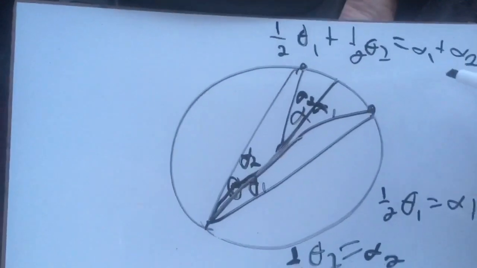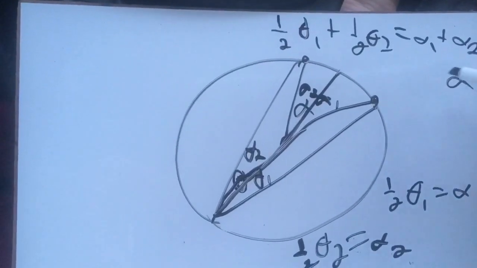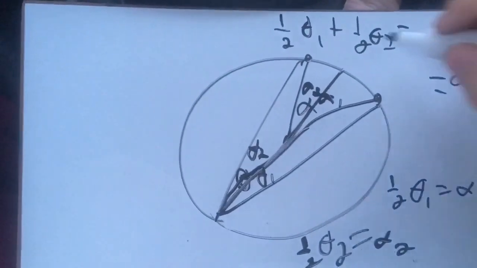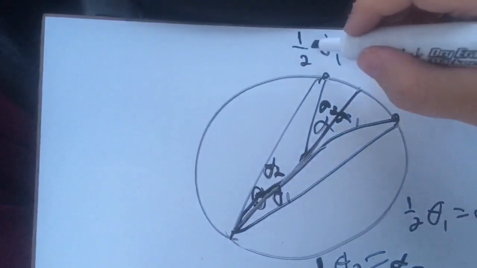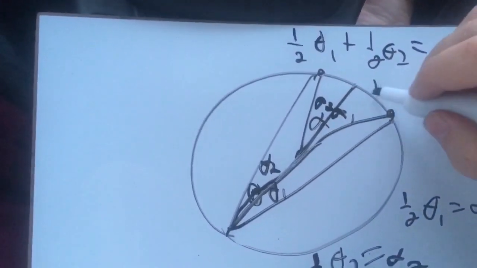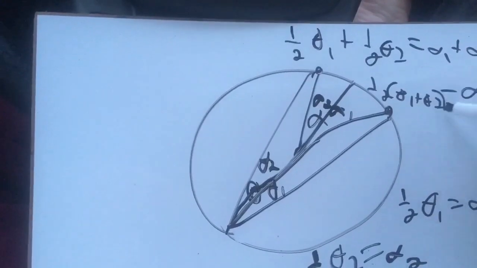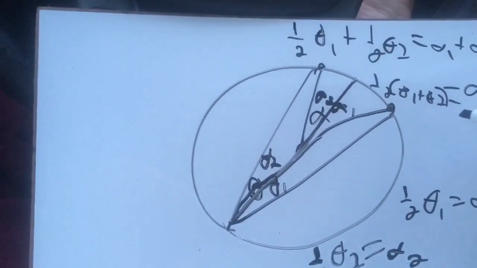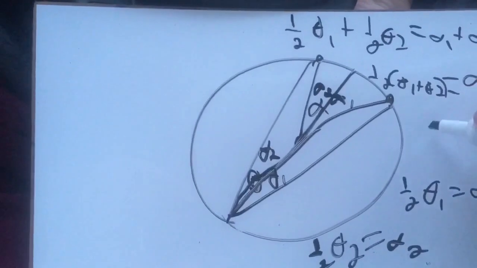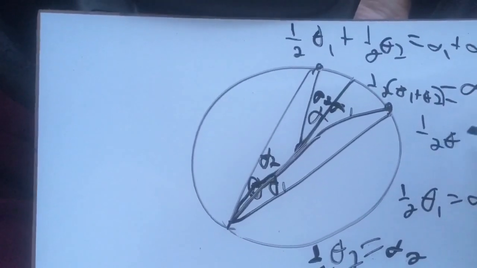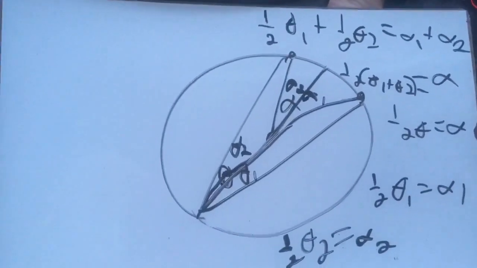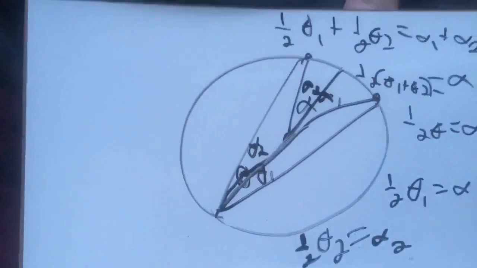Alpha 1 plus alpha 2 is just alpha. We can factor out the half on this side to get theta 1 plus theta 2 times half is equal to alpha. And theta 1 plus theta 2 is just theta, so half theta is equal to alpha. That's the second case.